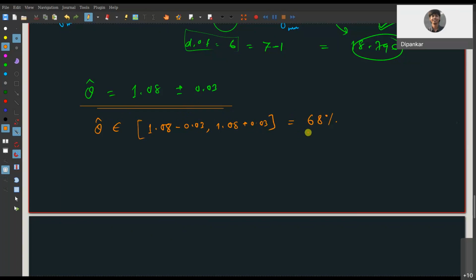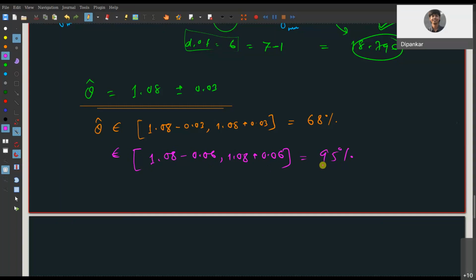And similarly for 2 sigma, suppose you enhance this range, so minus 0.06 to 1.08 plus 0.06. So this would be 95%. But it is only true if it follows a Gaussian distribution, actually exactly Gaussian, right?